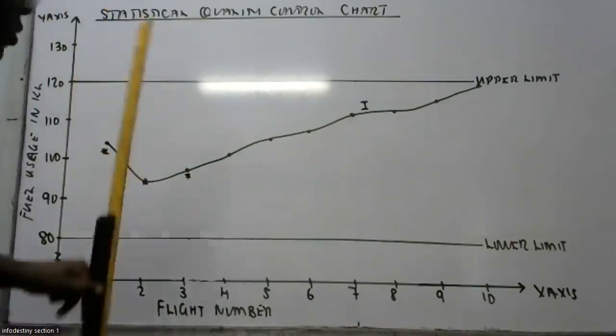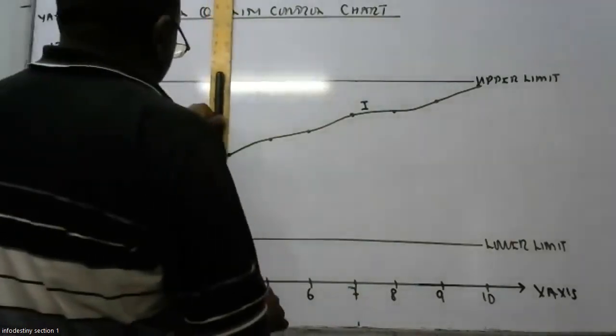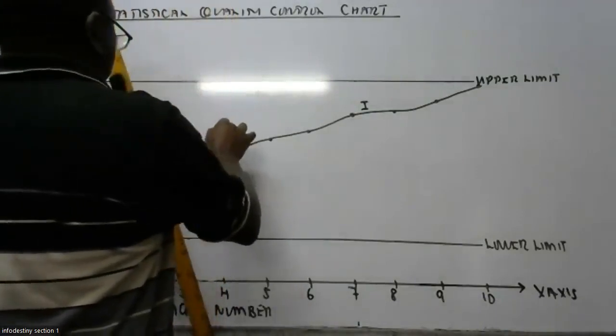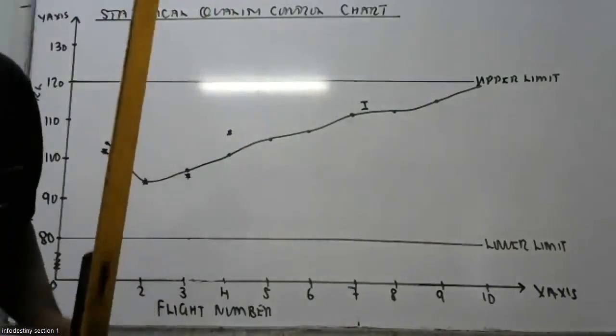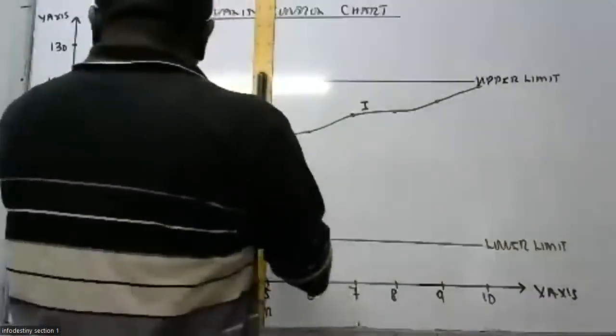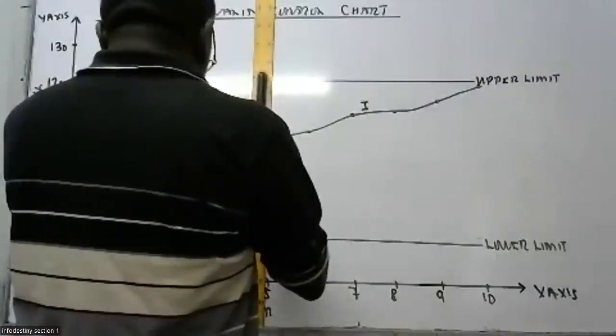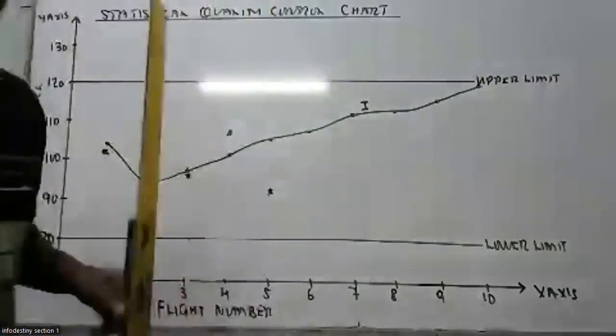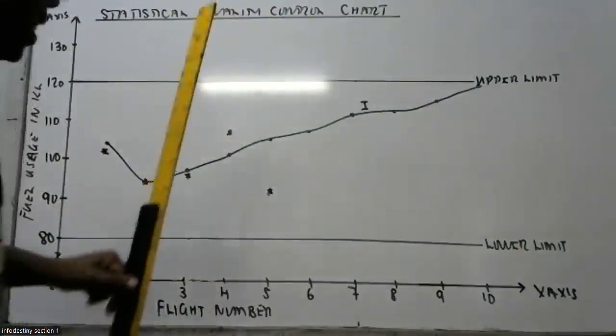The next is 107. 105 is here, so 107 is there. The next is 92. So 90 must be this one, so 92 is that. The next one is 113.